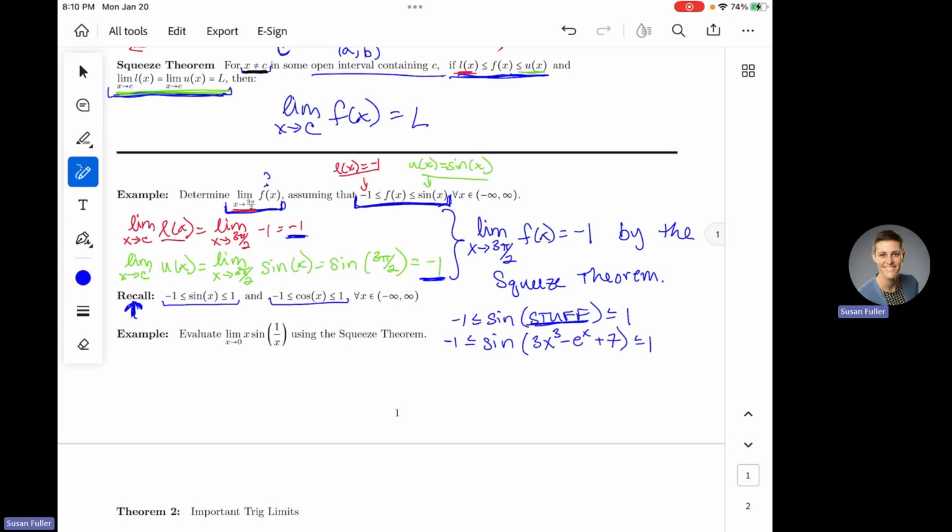But you can put any stuff that you want inside that sine function, and it's still stuck between -1 and 1. All right, so I think I'm going to need some space. So I'm going to keep this guy. And the sine of anything is stuck between -1 and 1. That's really what I'm getting at here. I'm going to get rid of this just to give us a little bit more space because I think I'm going to need it.